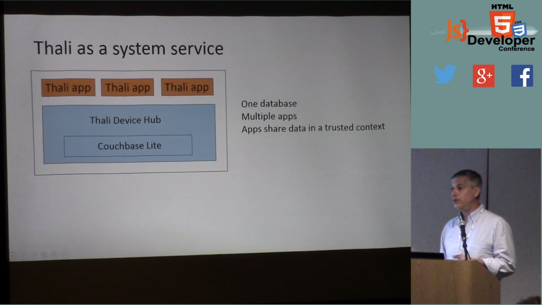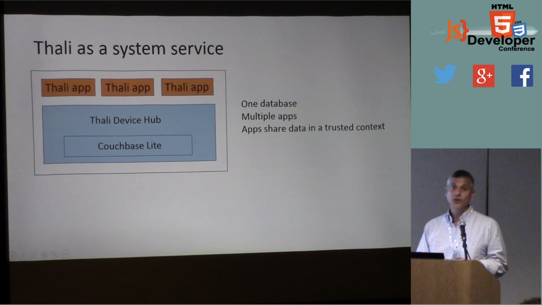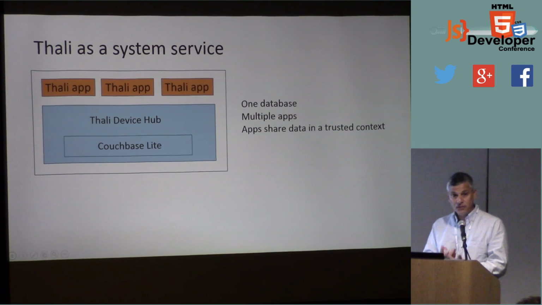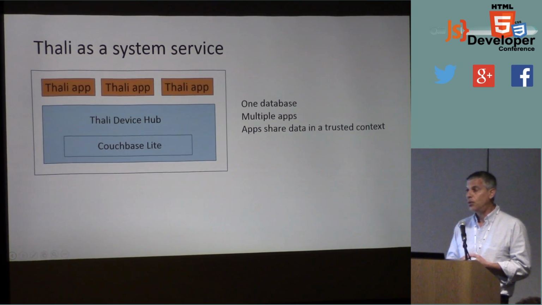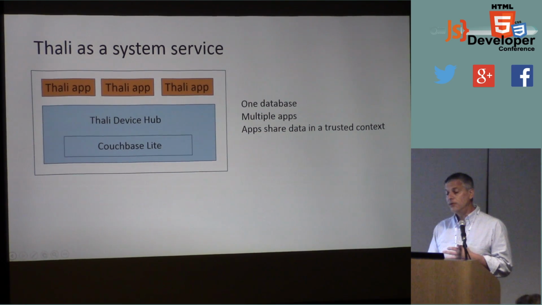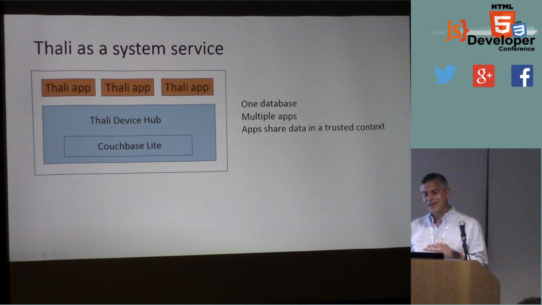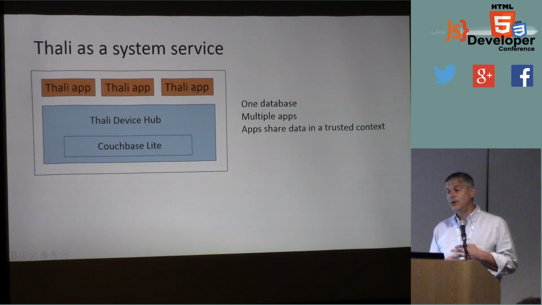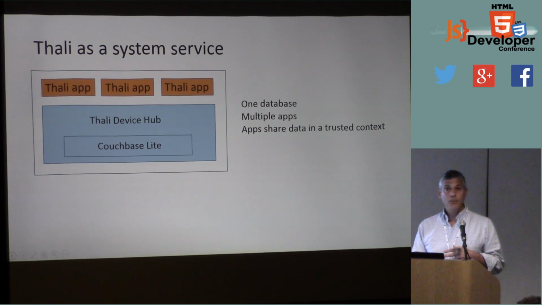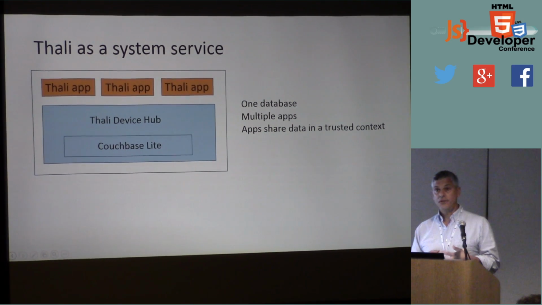So the idea here is that we have this thing called the Thali Device Hub, which is a singleton service that's living on your device. So it's on your phone, it's on your tablet, it's on your PC. And it embodies the Couchbase Lite plus the listener on top of that. And then you're going to have multiple apps, and those apps are going to be externalizing their data into a common store. Particularly, that common store is one that you trust those apps to use on your behalf, because it's your data on your device, right?